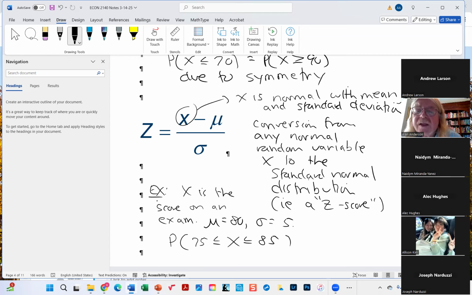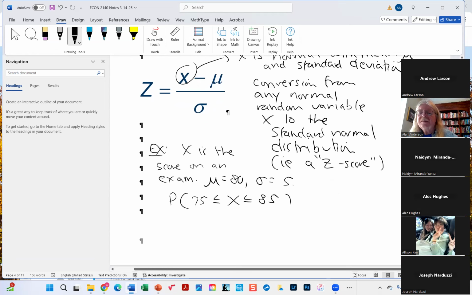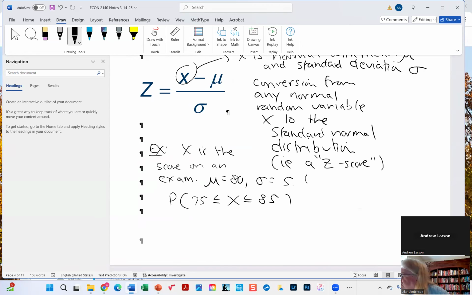So when you do this, by the way, the resulting value is called a z-score. The word z-score means it's a number taken from the standard normal distribution, and the numbers you get refer to how many standard deviations you are away from the mean. So for example, a z-score of 1 means 1 standard deviation above the mean.